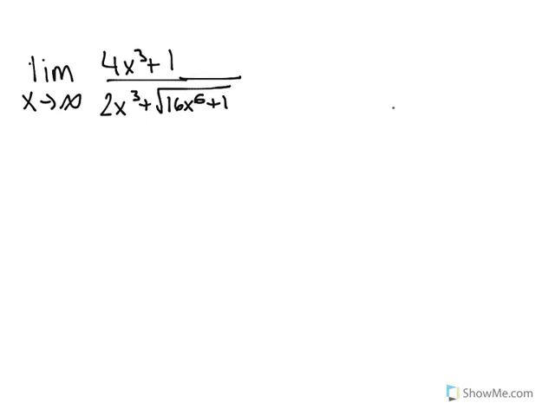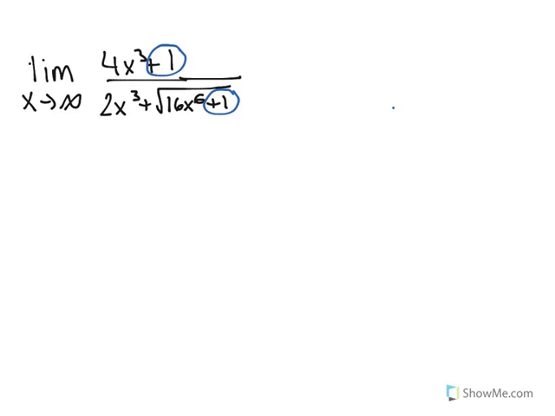Whenever we take limits to infinity and we have this x cubed term, or any x term with a constant term as well, like these plus 1s right here, these plus 1s are insignificant compared to these x terms, only because x is approaching infinity.